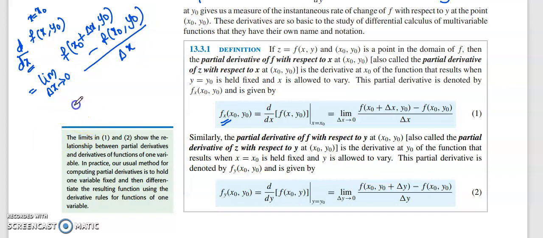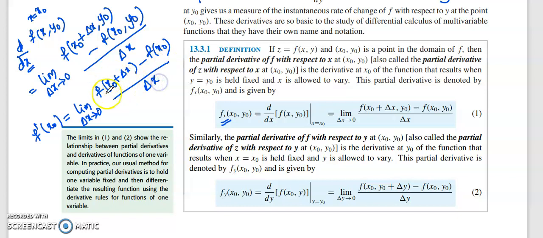We need to find the partial derivative about the point x equal to x0. Usually, when we write the limit with respect to x, to find f dash of x0, that will be limit delta x tends to 0 of f of x0 plus delta x minus f of x0 by delta x. The limit is the same.